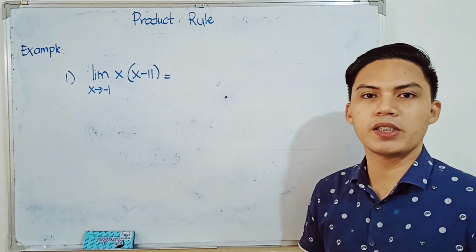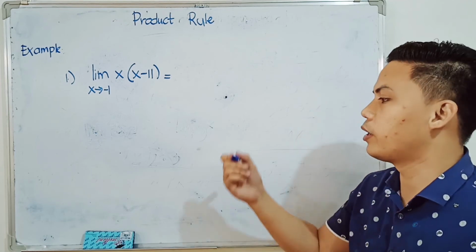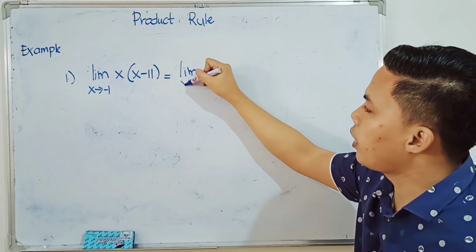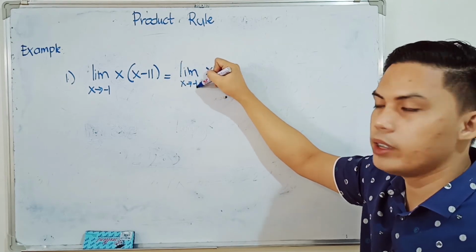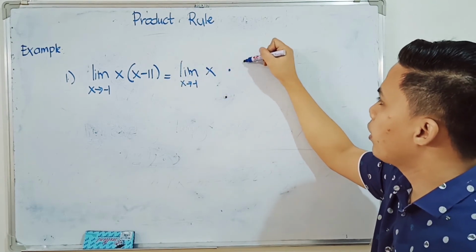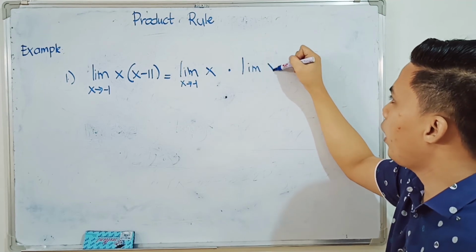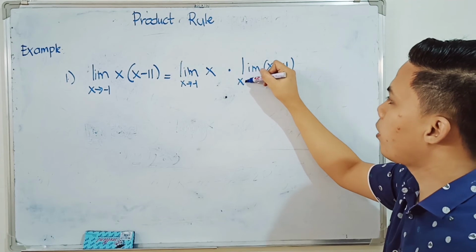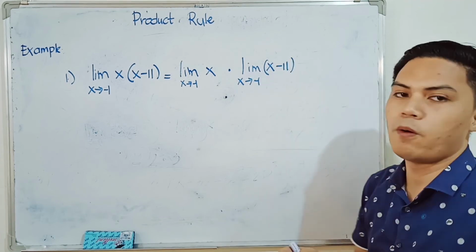So, same na siya ng process ng sum rule at ng difference rule natin. So, we have the limit of x as x approaches to negative 1 times the limit of x minus 11 as x approaches to negative 1.